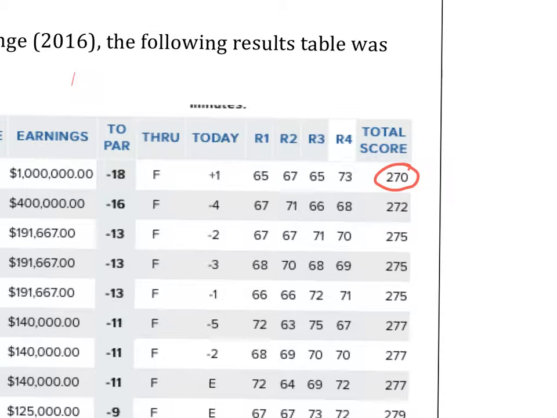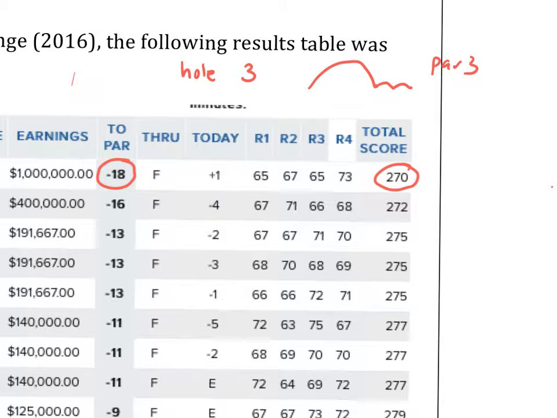He scored 270, and if you remember how golf works, it's the lowest score that wins. But here's an alternate way that they talked about the data. On a particular hole, generally speaking, the expected score should be three strokes. That's called a par 3.